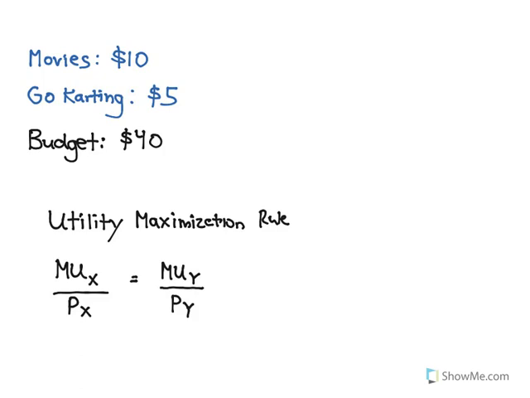In other words, the marginal utility per dollar spent on both goods should be the same. If that's the case, we are maximizing our utility.